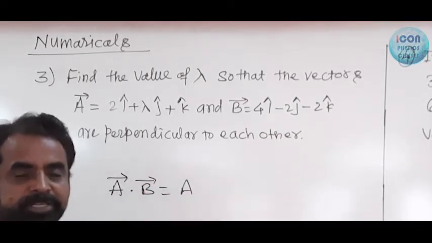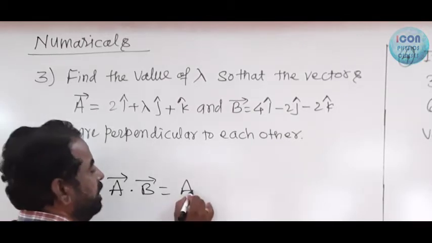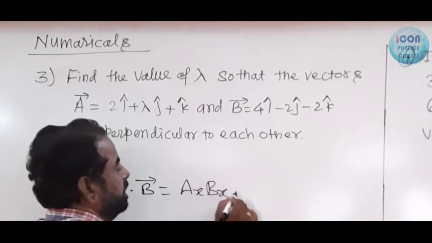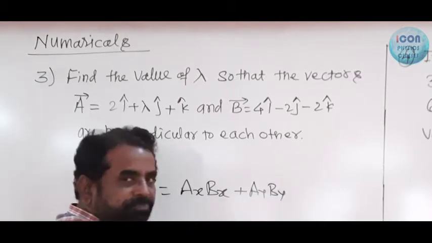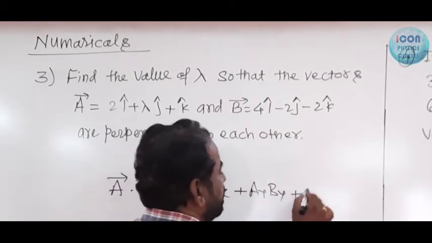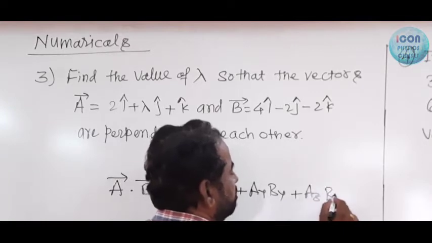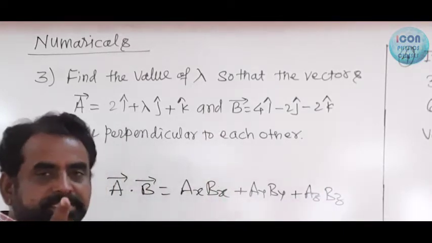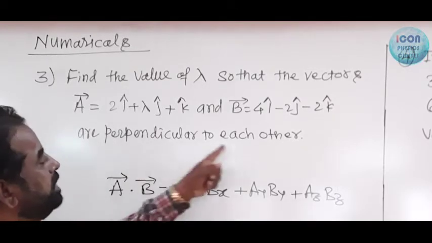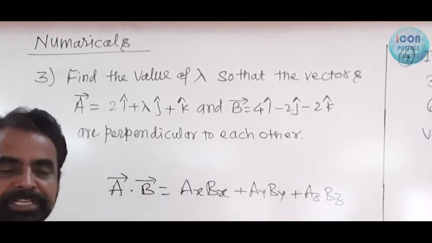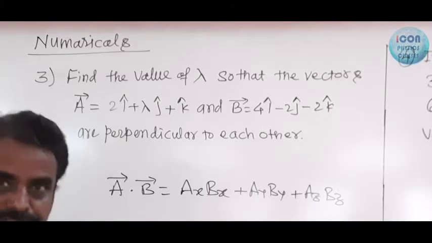Vector A dot B is equal to AX BX plus AY BY plus AZ BZ. Do you agree with this formula? Then, if two vectors are perpendicular to each other, their dot product is 0.